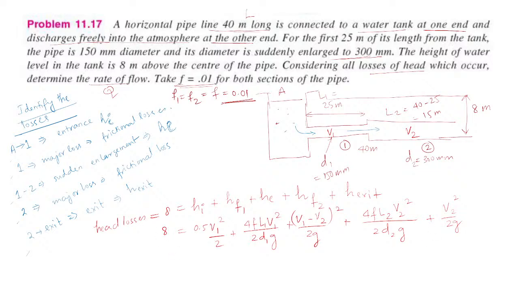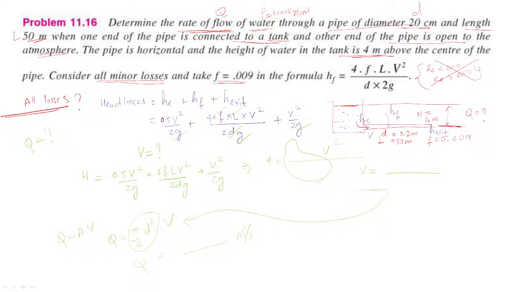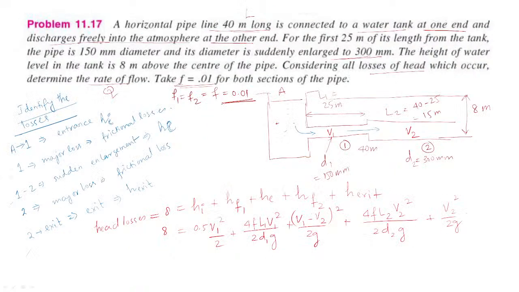Now previously you didn't have much of a challenge, because there you had the h value and only one unknown, v. But in this problem the major challenge is that you don't have a single v; the unknowns are v1 as well as v2.